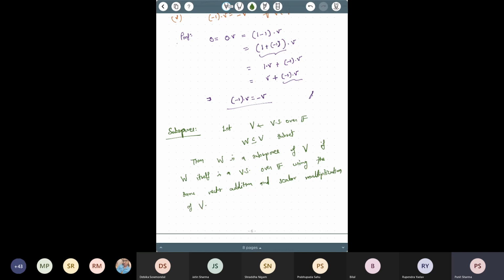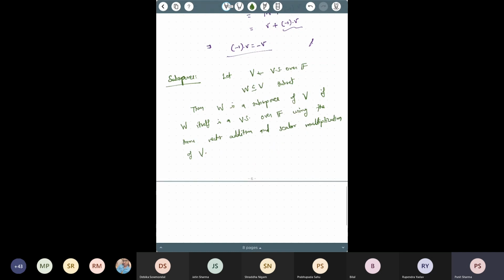Okay. So before I give you an example, I want to state one result. This is a very simple result which you can prove yourself, and then using that result we will see some examples of whether a given set is a subspace of a vector space or not. W is a non-empty subset. We are just saying subset, any subset.